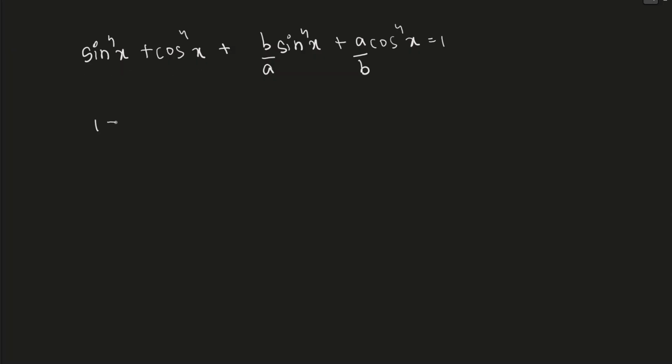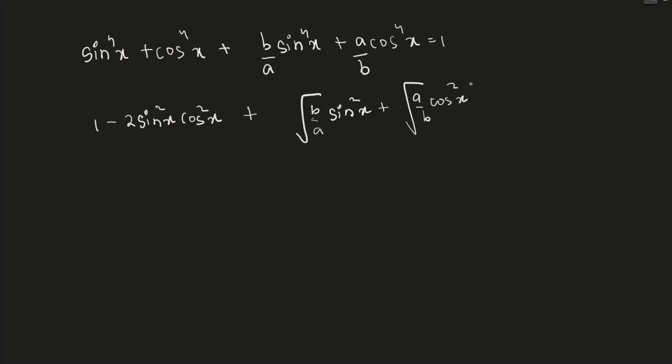So this is very standard stuff. It'll just be 1 minus 2 sine square x cos square x. Basically sine square x plus cos square x minus 2 sine square x cos square x. Plus, now let's try to create in this as well. So I can write this as root of b by a sine square x plus root of a by b cos square x whole square minus 2 sine square x cos square x.